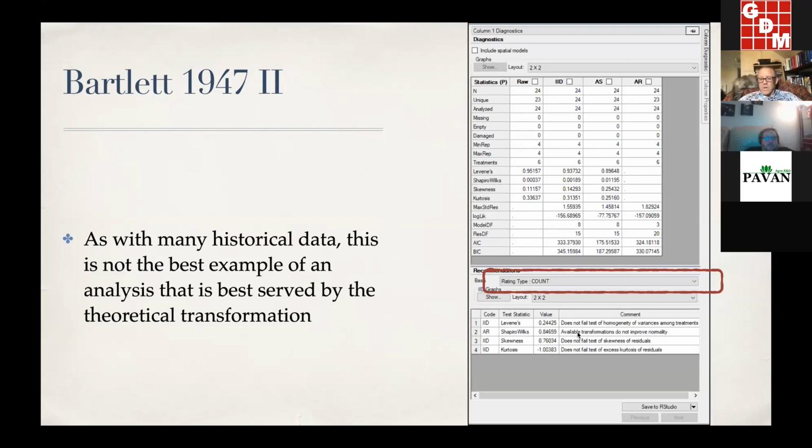But I don't know if the Shapiro-Wilk test was that common of practice at the time of this writing for this type of data. If you know you have count data, that's where the rating type or assessment drop list comes into play.